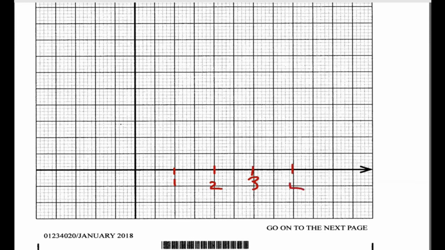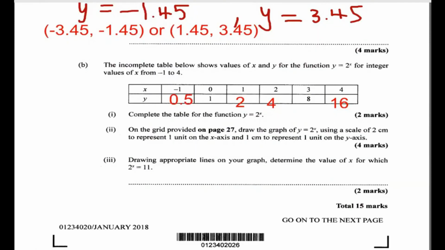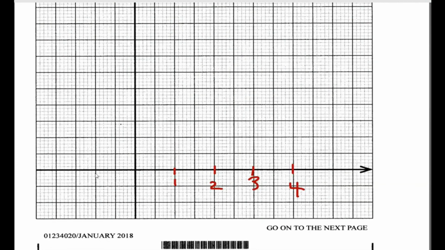And I think we're plotting between negative 1 and 4. So this is negative 1. Then we're using 1 going up on the y. 1, 2, 3, 4, 5, 6, 7, 8, 9, 10.